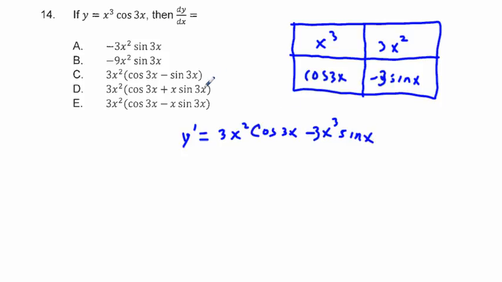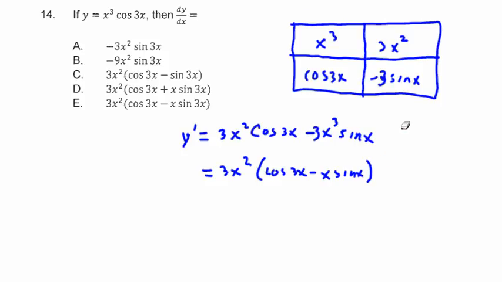And our common factor here is going to be 3x squared. So we're going to have cosine 3x minus x sine 3x.